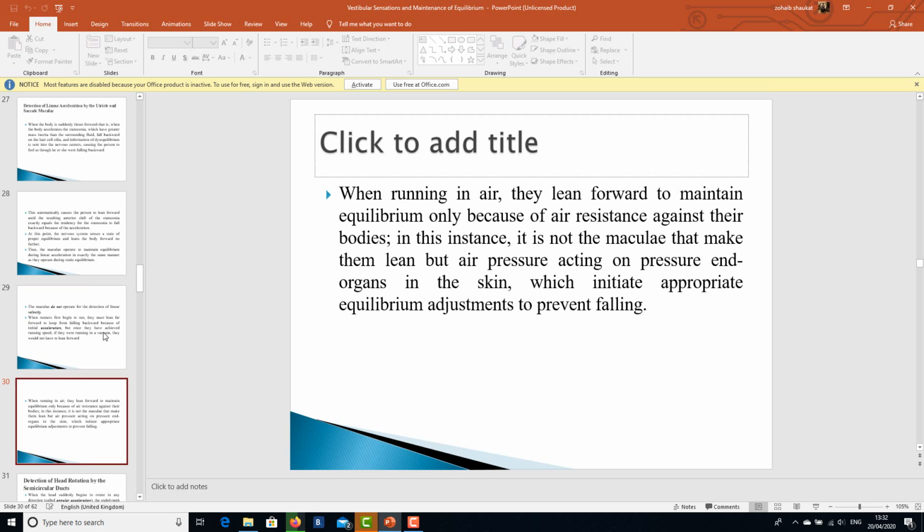When running in air, they lean forward to maintain equilibrium only because of air resistance against their bodies. In this instance, it is not the maculae that make them lean, but air pressure acting on pressure end organs in the skin, which initiate appropriate equilibrium adjustments to prevent falling.